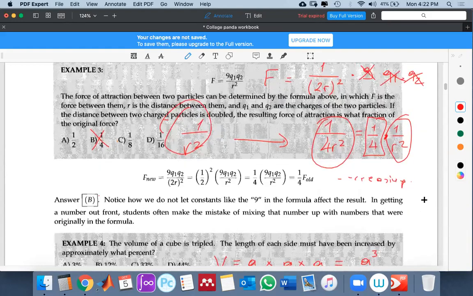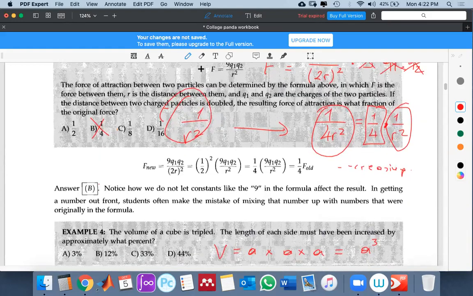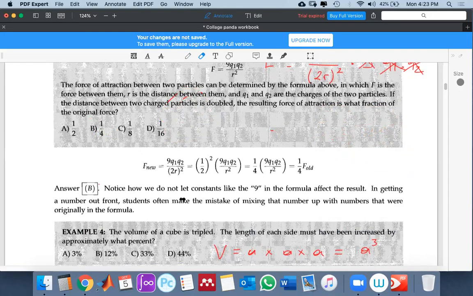So, we have this scenario. Volume 1, volume 2. First volume, second volume. The volume of a cube is tripled. So at the beginning, the volume is, let's say, V. Tripled means it will be 3 times V.